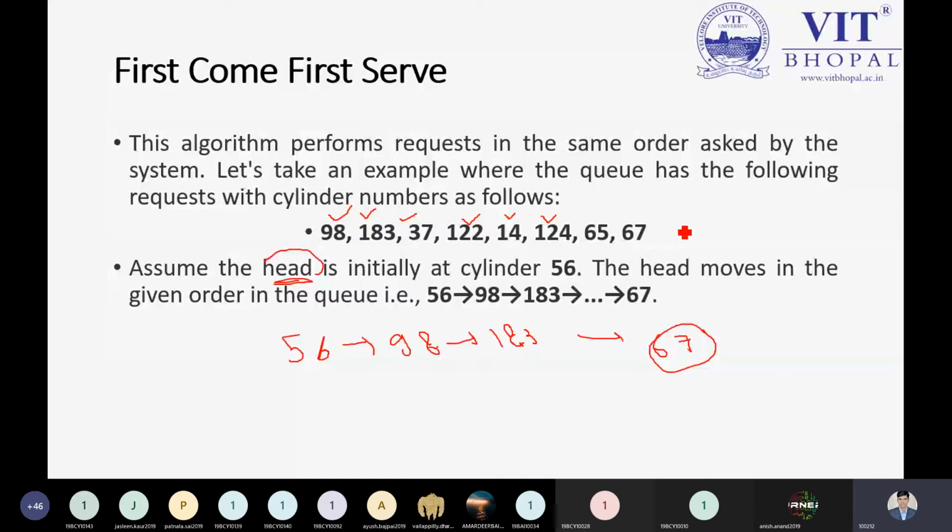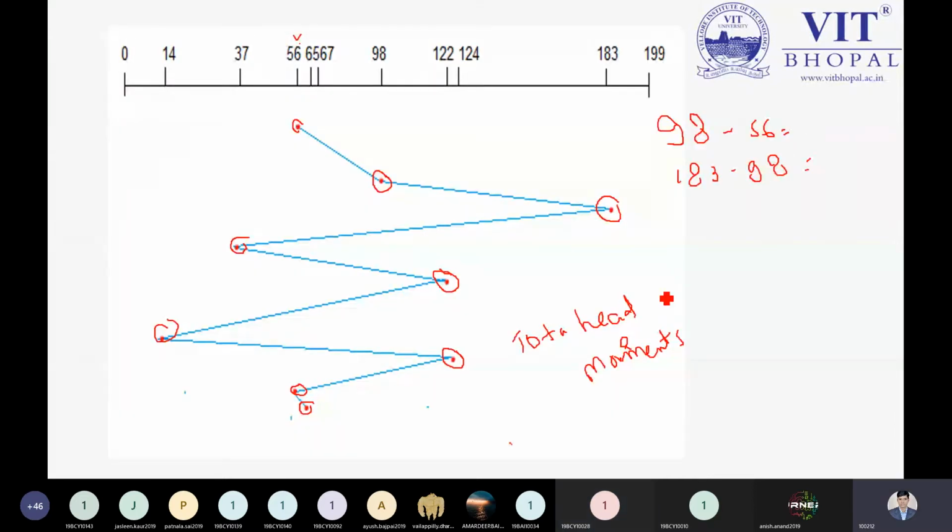Please subtract each value and tell me. Can you move to the diagrammatic slide? Total head movement: from 56 to 98 the head is moving, so the head movement will be 98 minus 56.